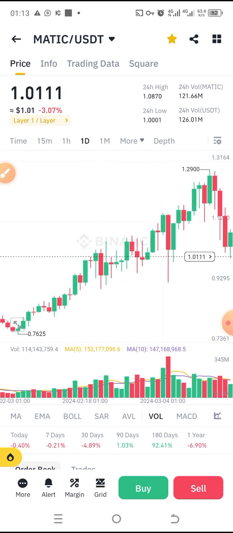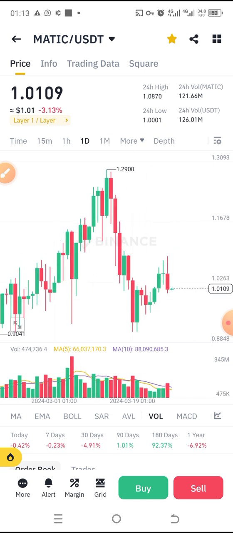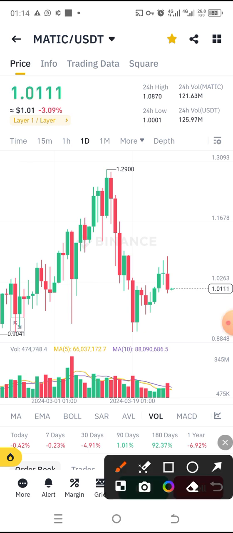This coin is also good, I mean, this particular trade. The worst scenario, it will come here again.